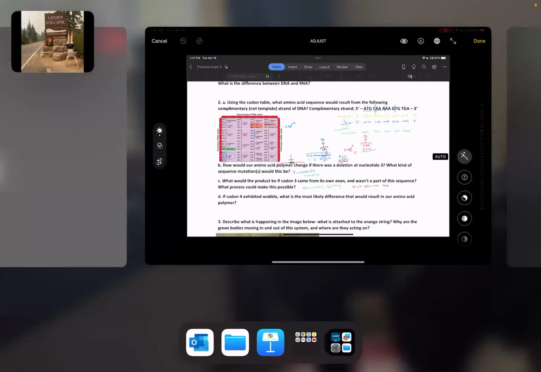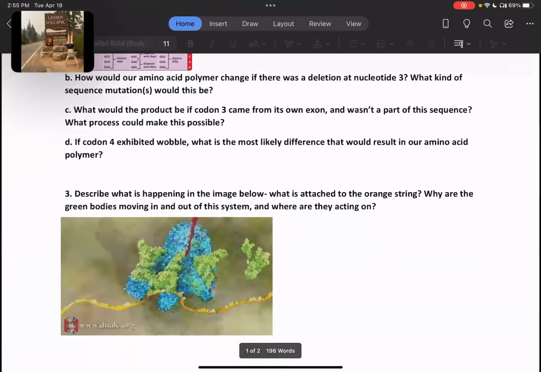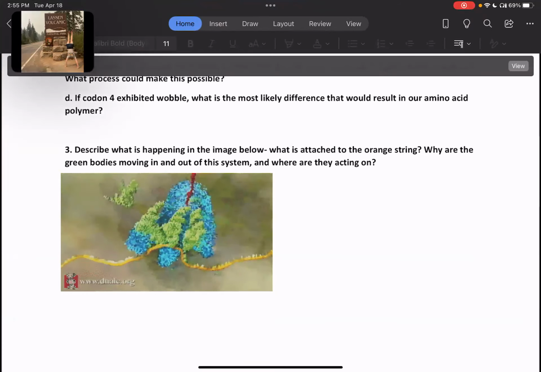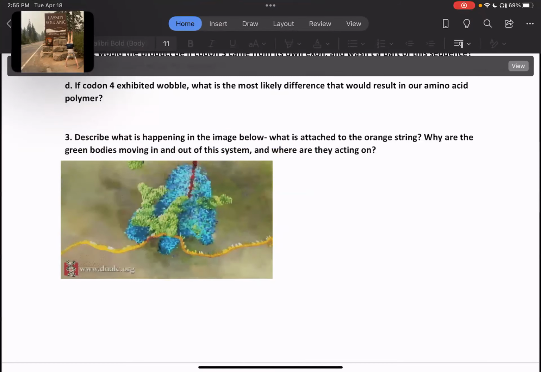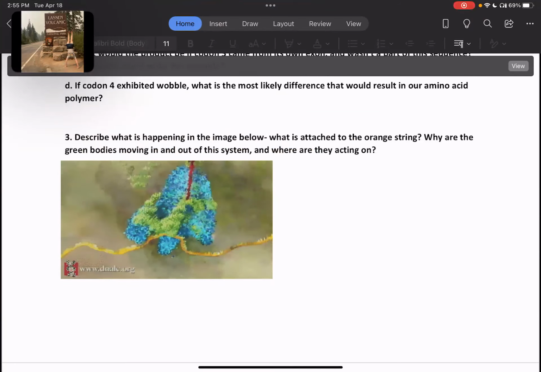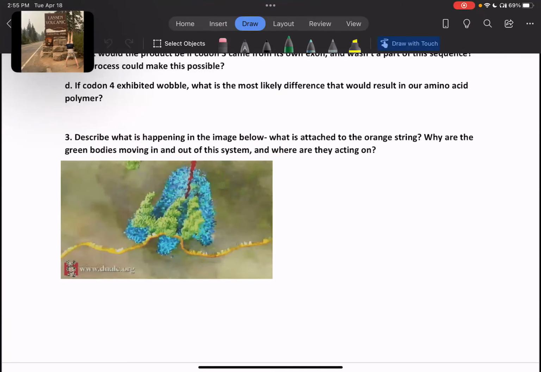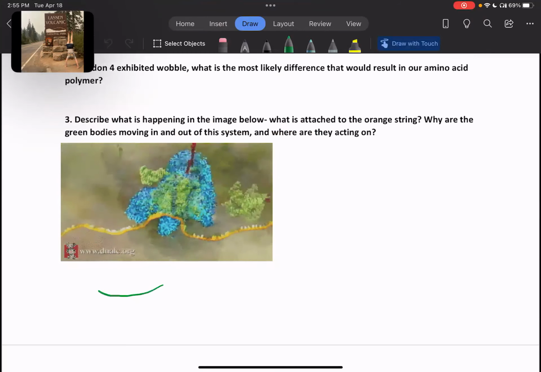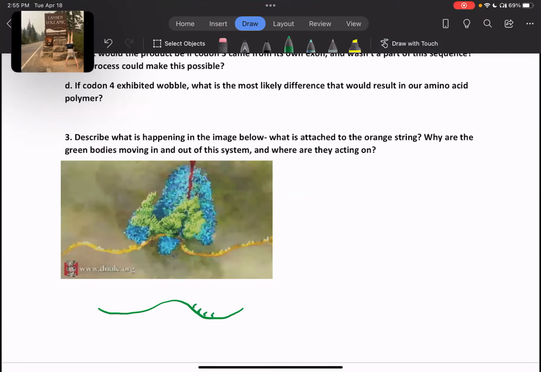But actually, while this recording is going, let's see what is actually happening. So this is an animation that helps to visualize what's going on with translation. We have this orange strand of stuff on the bottom, and there's little teeth coming off of it.